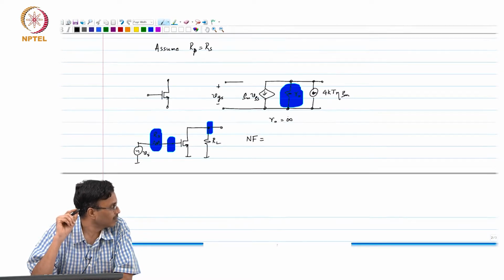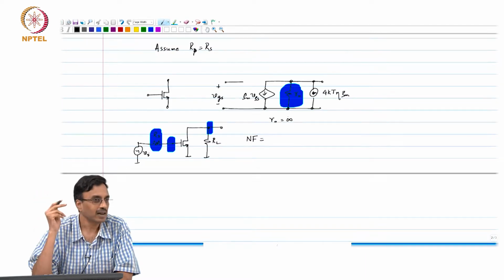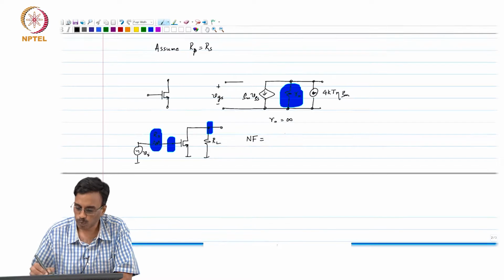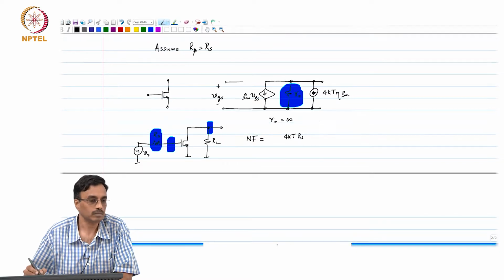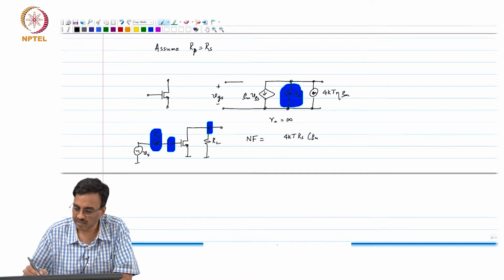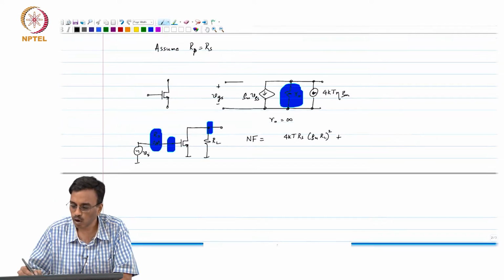So what is the gain from the noise source to the output? Minus gmRL. So, what will be the output noise spectral density due to Rs? It is 4kT Rs times (minus gmRL) the whole square, which is the same as (gmRL) the whole square. Plus what else? Is that all?